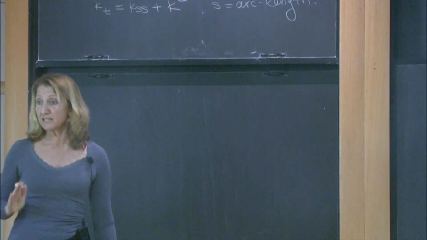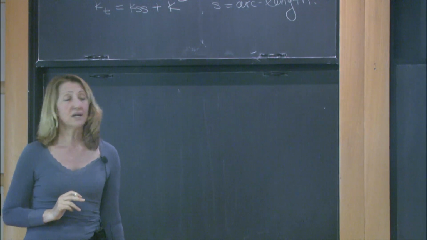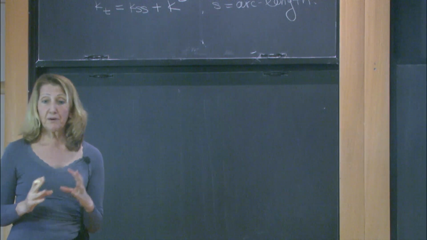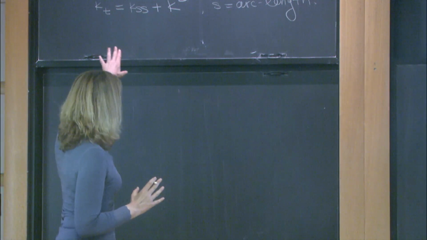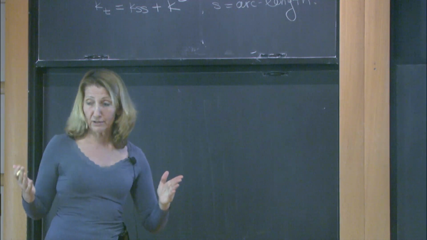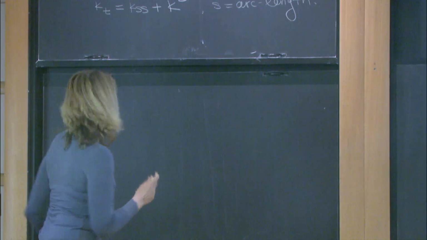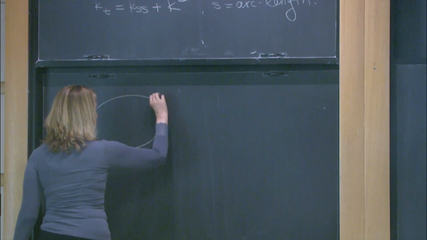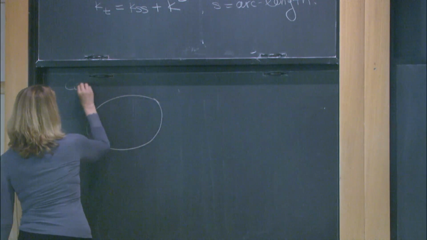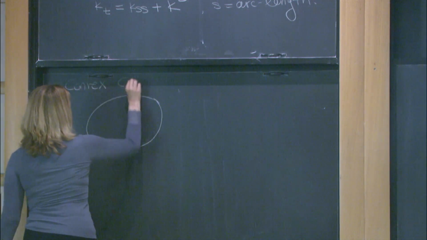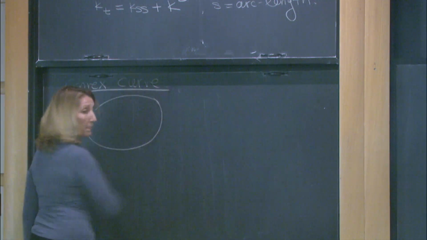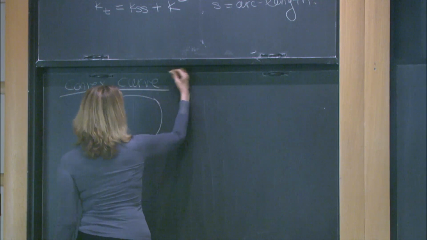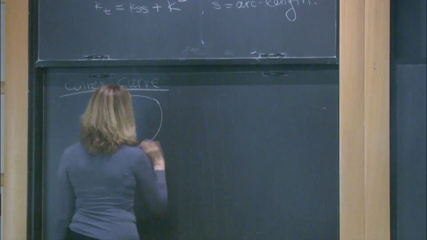But luckily for us, today we will be studying convex curves, and that was the basic idea behind the Gage-Hamilton result: in the case of a convex curve, we can parameterize in terms of theta, which is the angle. Let's say you have a convex curve, for our solution or any convex curve.